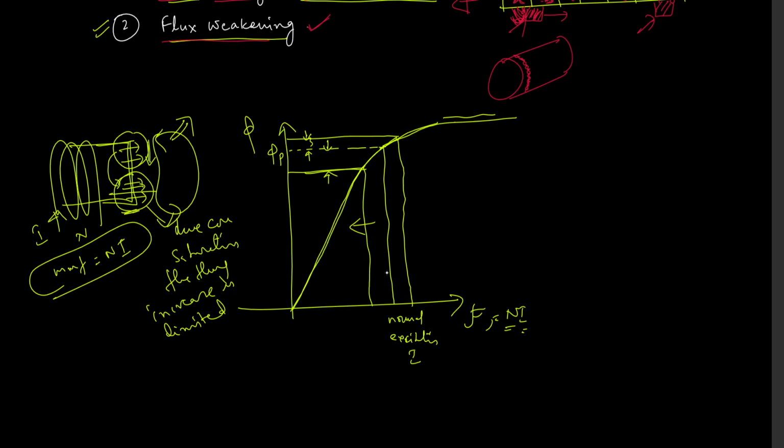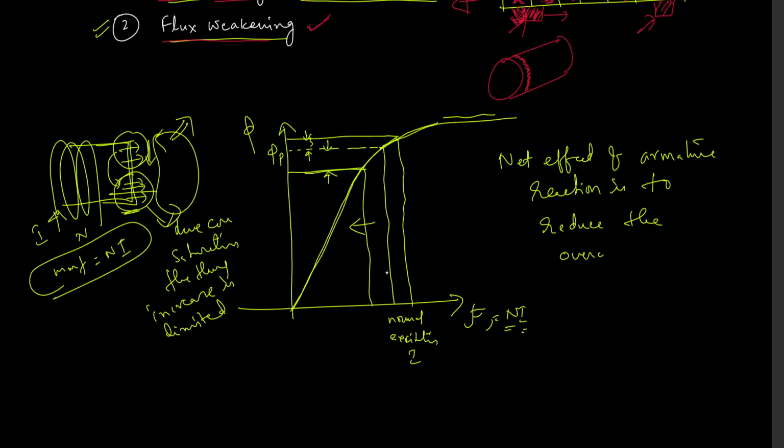So now what is happening? The net effect of armature reaction is to reduce the overall flux per pole. Once this is reduced, we know EA is proportional to some constant into phi into omega.